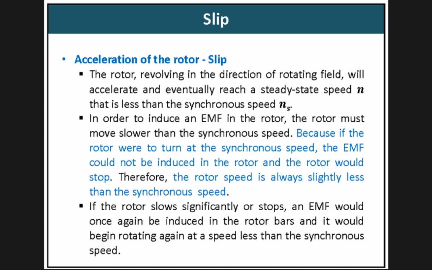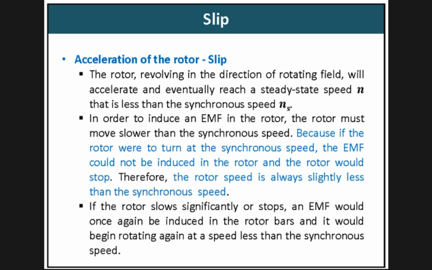What will happen actually, the speed of the rotor gradually increases. When it comes to the synchronous speed, then the EMF generated will be 0. Therefore the torque will be 0. Then the rotation will be slowed down. So when the rotation speed slows down again, there will be magnetic flux cut by the conductor bars due to the speed difference.